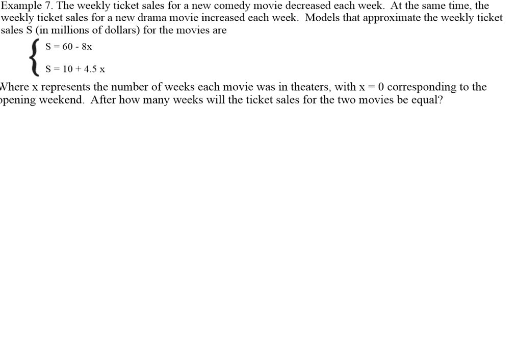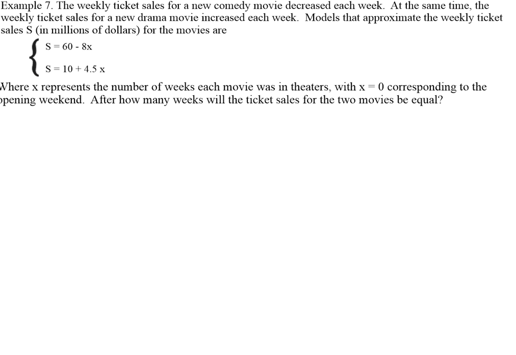The weekly ticket sales for a new comedy movie decreased each week. And at the same time, the weekly ticket sales for a new drama movie increased each week. And models of the approximate weekly ticket sales S in millions of dollars for the movies are S equals 60 minus 8x and S equals 10 plus 4.5x.